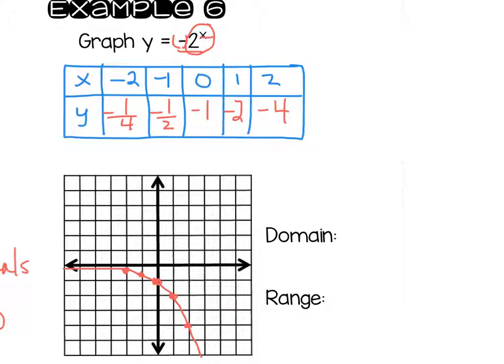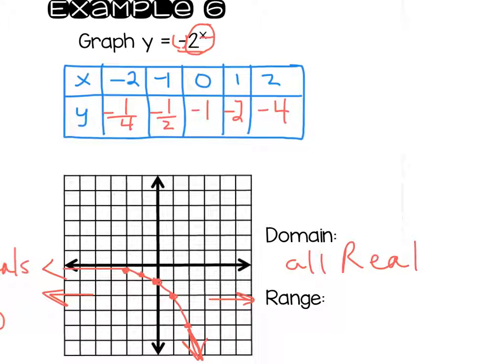Now recognize that we have flipped this parent function upside down, and so when we do that, we're going to get a slightly different domain and range. Well, slightly different range anyway. Our domain is still going to be all reals, because we're still going in the direction to negative infinity as well as the direction to positive infinity, because this still does have a bit of a slant to it.